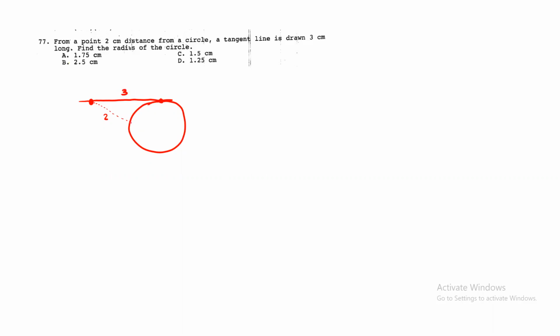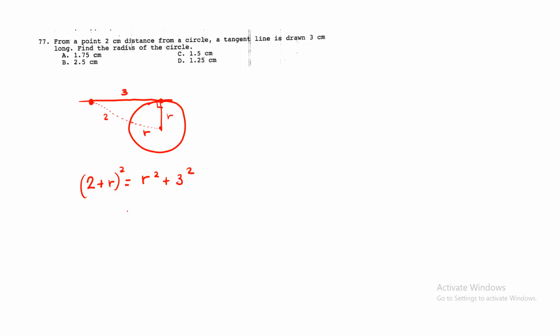Of course, when we connect it to the center, this is 90 degrees, and this is the radius. To find the radius, we use the Pythagorean theorem. The hypotenuse is 2 plus r, so 2 plus r squared is equal to radius squared plus 3 squared.